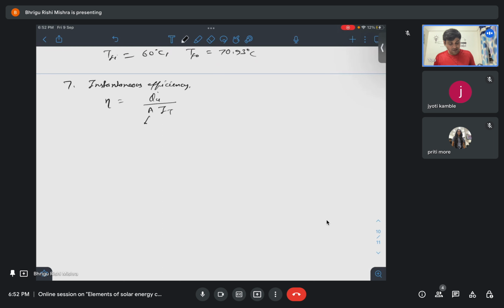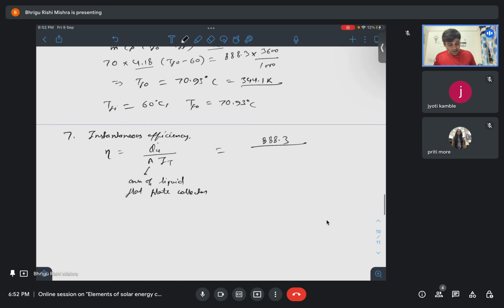Here this A is not the area of the absorber plate, but the area of the liquid flat plate collector.